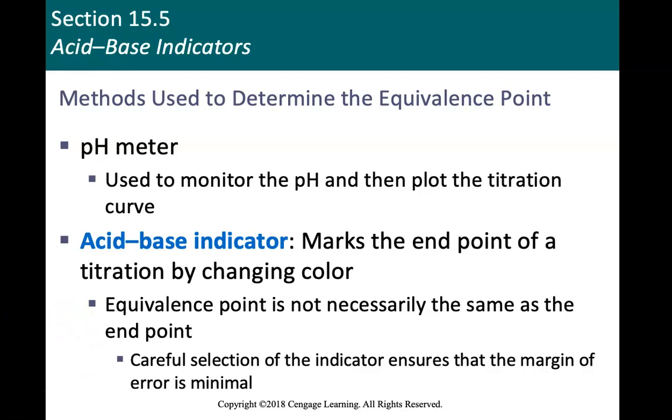So far, we've been looking at using an indicator that changes color. But in this chapter, we've looked at the use of a pH meter. A pH meter can monitor the pH, and then from the plot, which we call the titration curve, we can get the equivalence point. The acid-base indicator marks the endpoint.